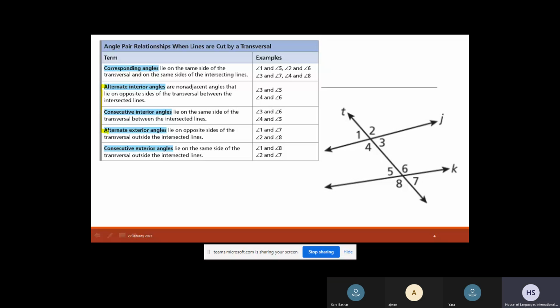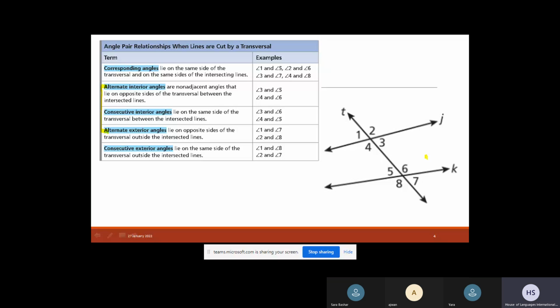Alternate interior: they are inside the 2 lines, but on the opposite sides. We call it what? Alternate interior angles. But if they are outside and opposite, they are alternate exterior angles.